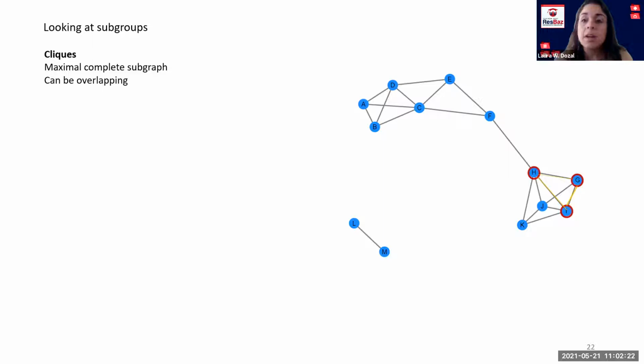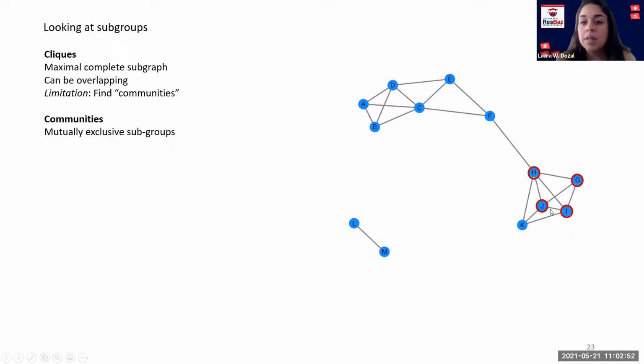So essentially, H, G, and I are a clique because they're each connected to each other. We could even say that J is part of this clique because it's connected to all of them, but J is also connected to K. Well, I guess I and H are as well.